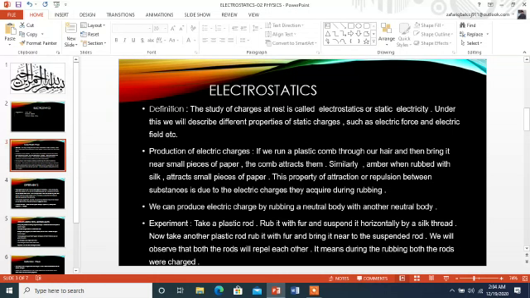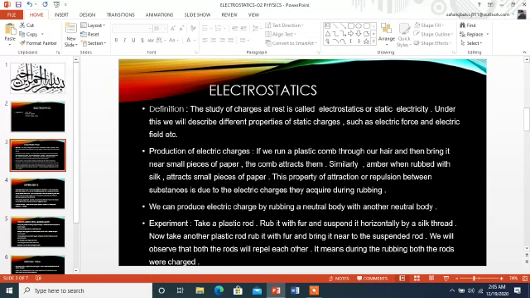So here we will consider some examples and experiments for explanation, but in all these cases we will consider only insulators, those bodies which cannot conduct current through them, meaning they do not have free electrons in them.